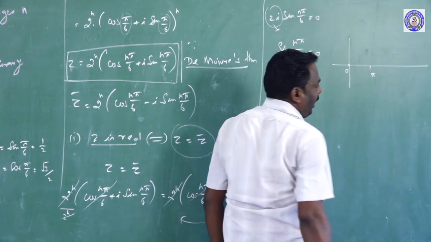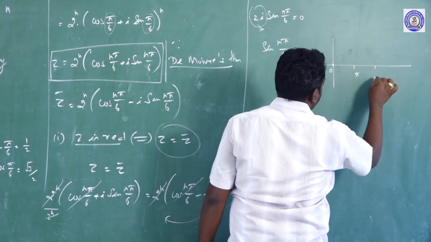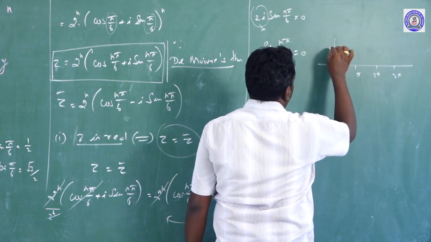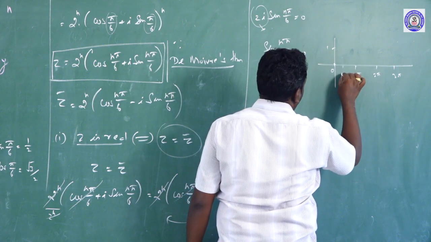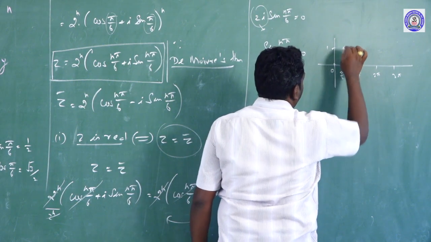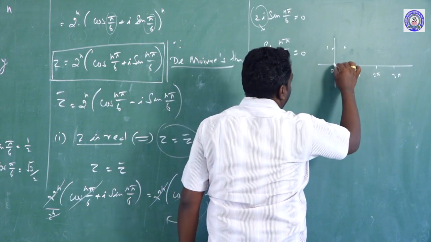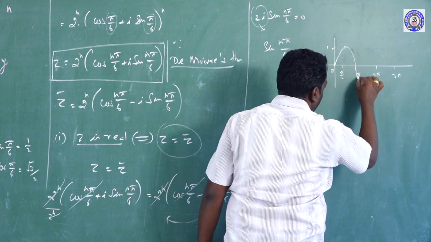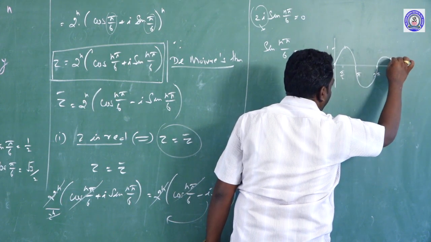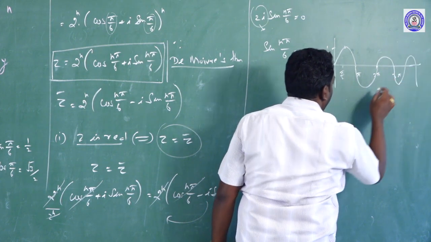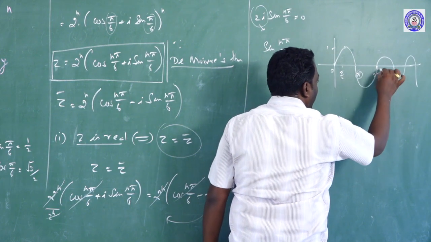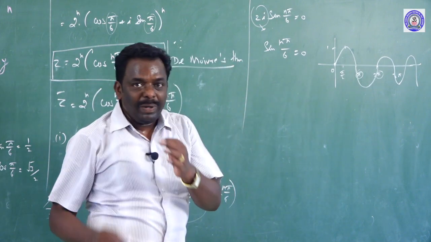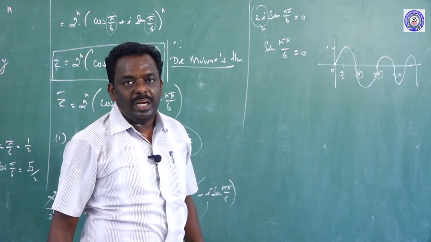If I put sin pi, also 0, and sin 2 pi, sin 3 pi, all 0. Sin 90 degrees equals 1. And again sin pi equal to 0, sin 2 pi equal to 0, sin 3 pi equal to 0, it keeps going. Wherever we have sin of a multiple of pi, the sin value is equal to 0.